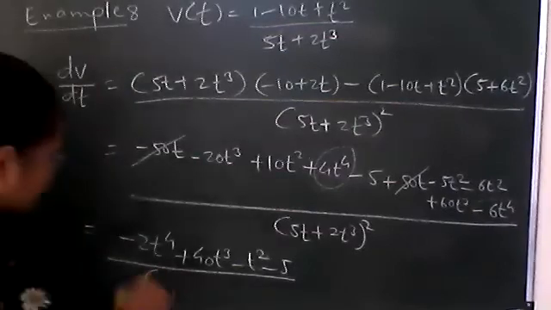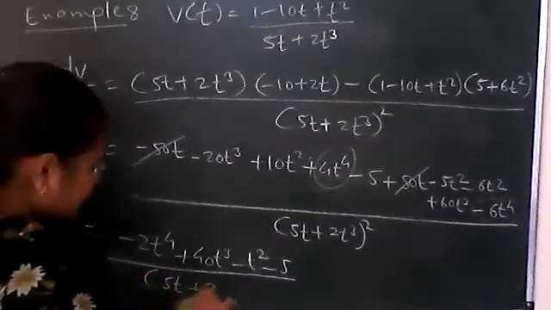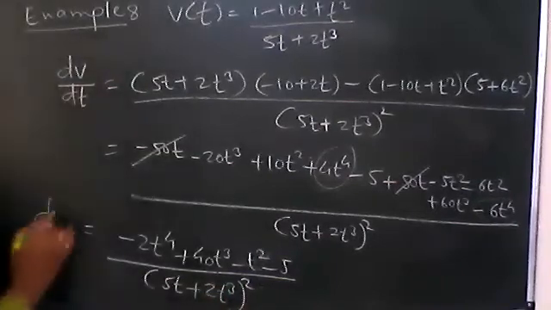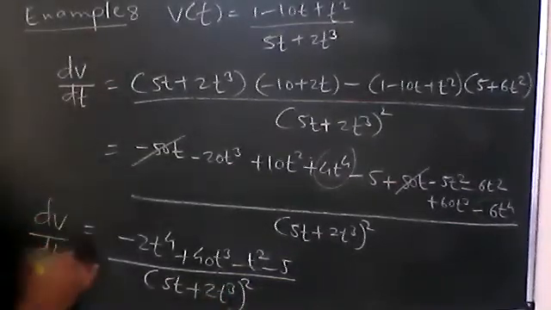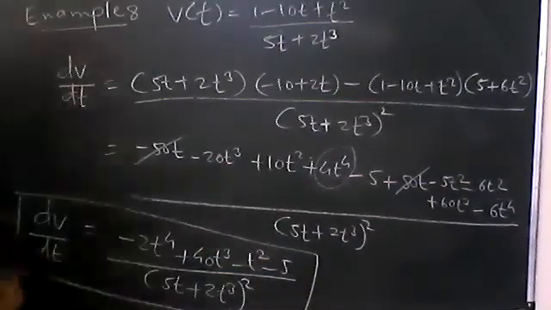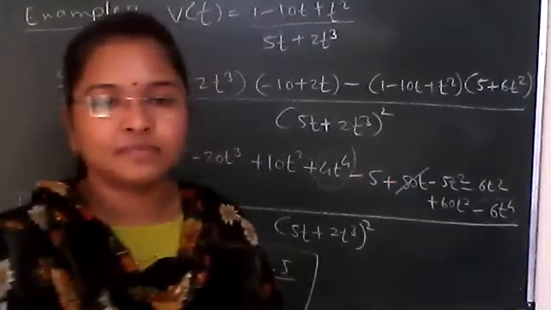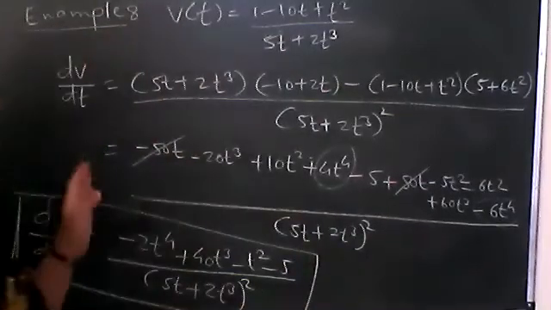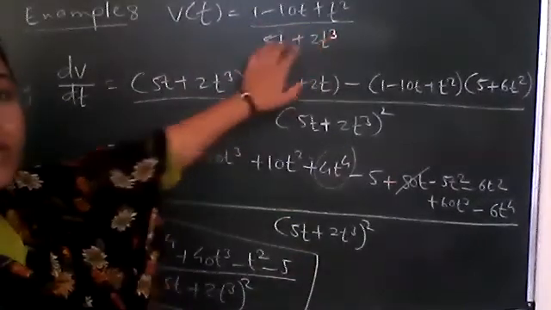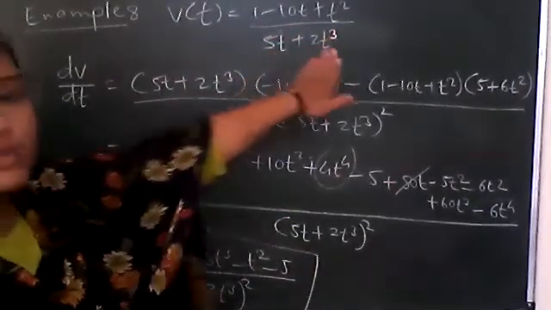So here, the denominator is (5t plus 2t cube) whole square. So this is the derivative of the function v with respect to the variable t. Any doubt in this question? Your v of t was 1 minus 10t plus t square whole thing divided by 5t plus 2t cube.